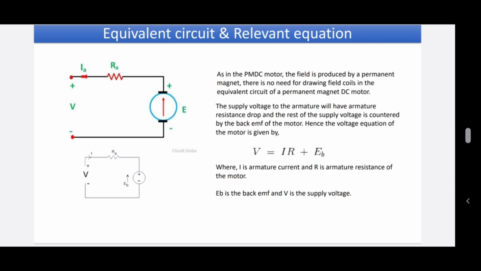The supply voltage to the armature will have an armature resistance drop, and the rest of the supply voltage is counted by the back electromagnetic field of the motor. Hence, the voltage equation of the motor is given by V equals IR plus EB.